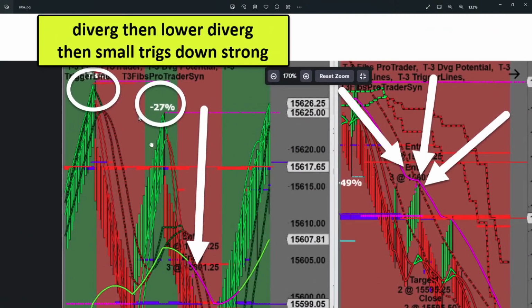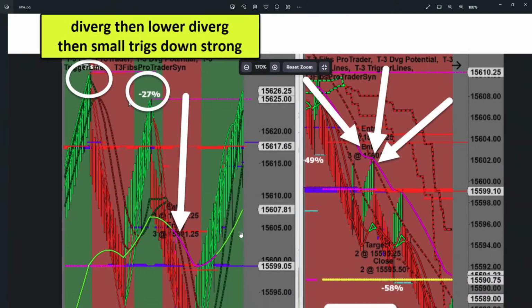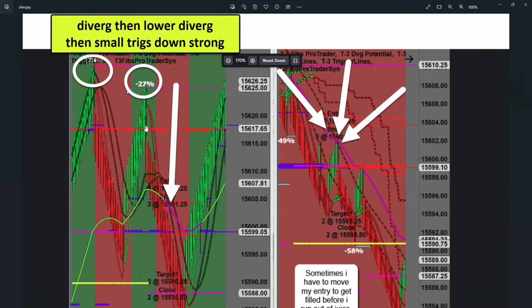So you remember what Ziba's chart had. And again, I'm a big fan of this. Divergence with a lower divergence, you almost always get a trade in the direction of the small triggers. It's very rare that you'll get divergence with a lower divergence with triggers rolling.